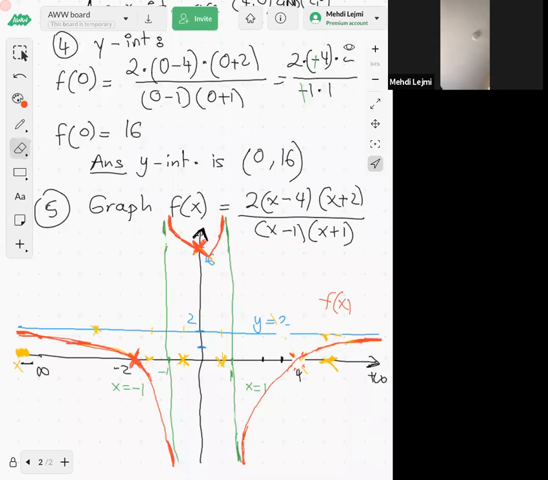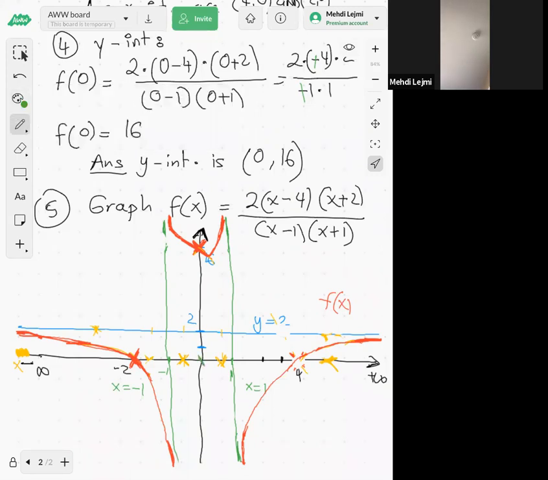Okay, so any questions, guys? And again, guys, if you're not sure about something, you can just pick a random value and check if your graph makes sense. For example, I can pick a random value somewhere.